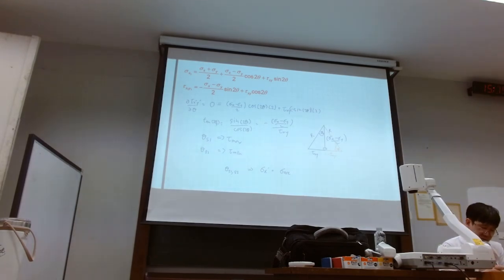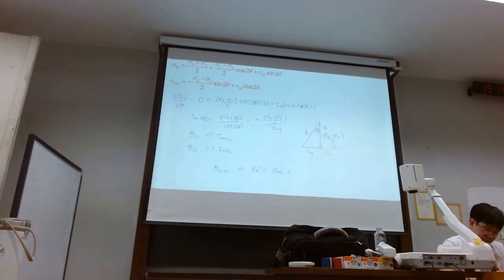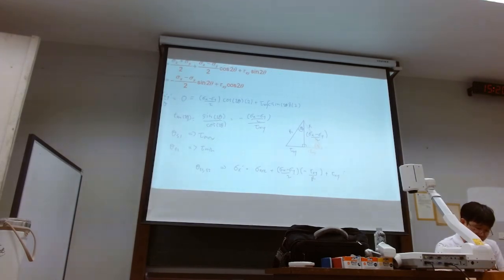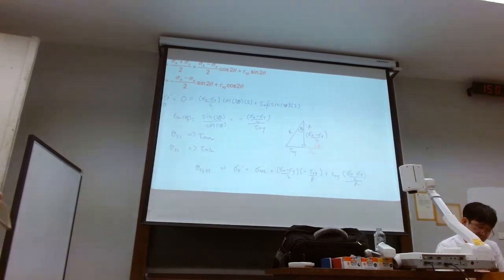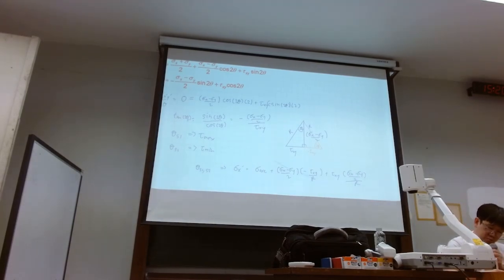Or you want me to just, well, I'll do it. Sigma x minus sigma y over 2 cosine of the 2 theta. Cosine would be minus tau xy over R, and plus tau xy sine would be sigma x plus sigma y over 2 over R. So those terms will always cancel. So always going to be 0.